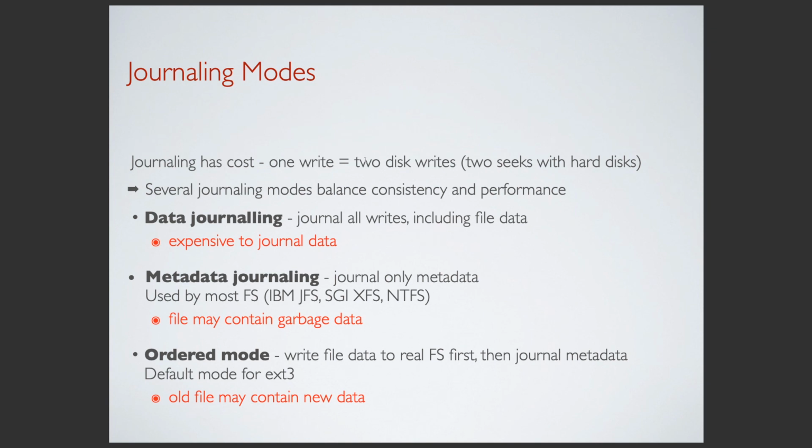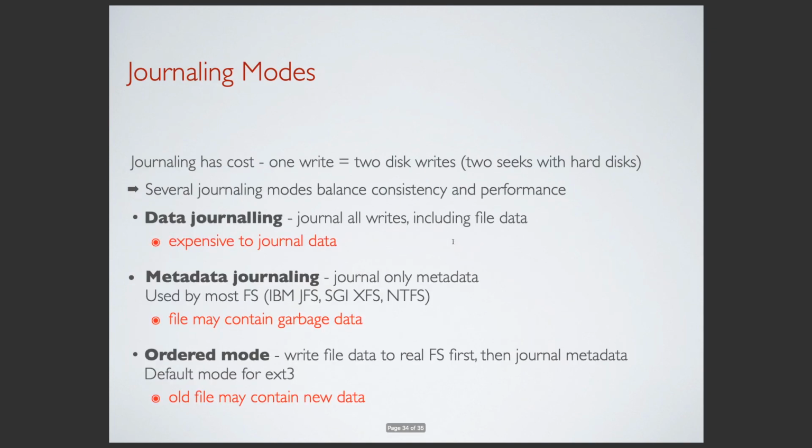Okay. So again, if you have to do 2 writes, it means maybe you have to do 2 seeks if you have a hard disk, and that's actually what takes time. There are several modes actually. I mean, with ext3, you can basically configure it. You can just do data journaling, meaning you write everything to the journal: inodes, data blocks, and so on.